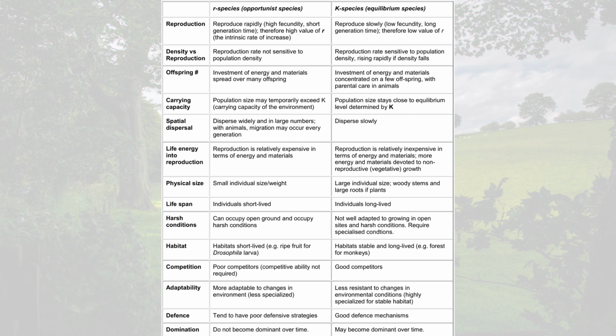So when other more competitive species come in contact with them, the effect of overcrowding may lead to their death. And the examples of this type of selection or strategy are bacteria, insects, and fish.